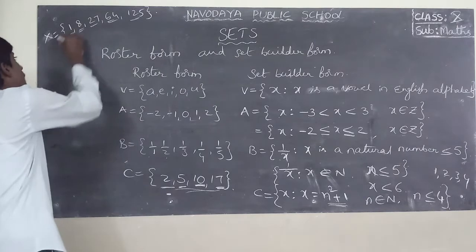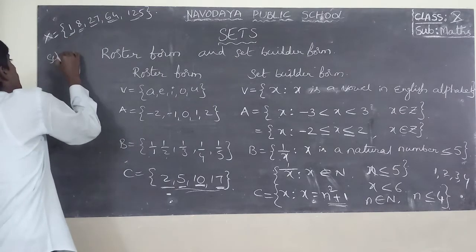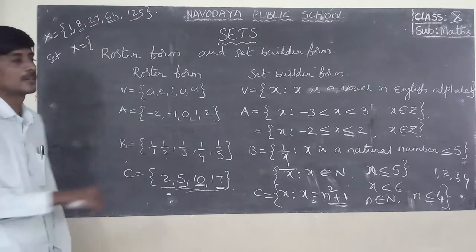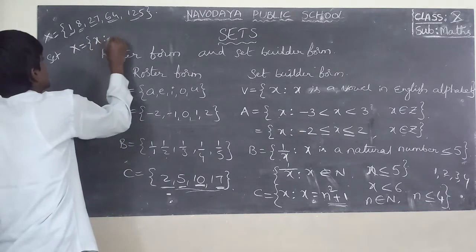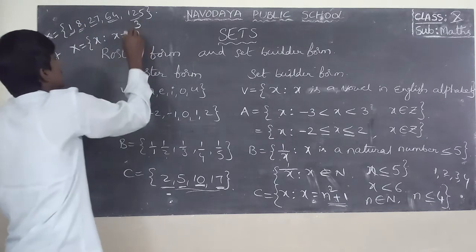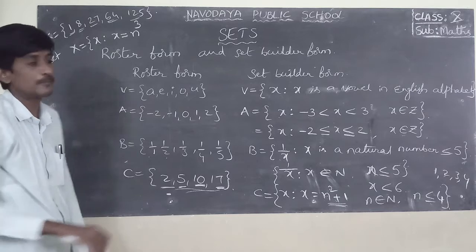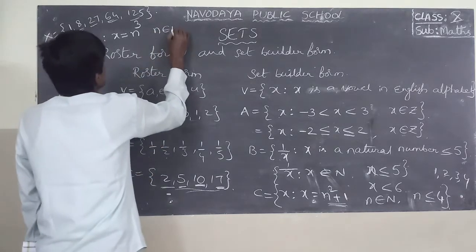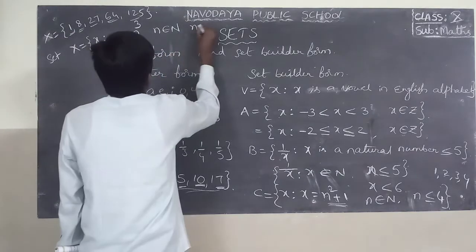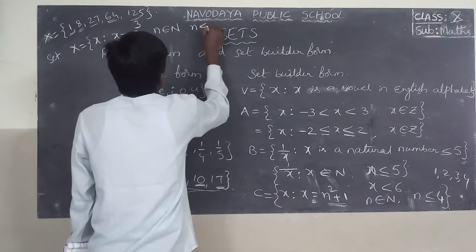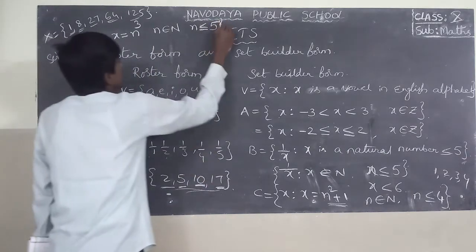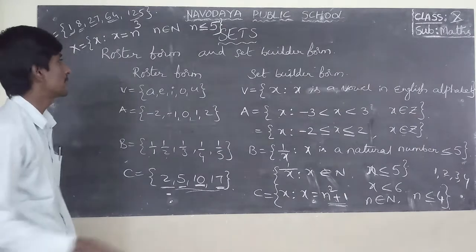So the set builder form: x such that x equals n cube, n belongs to N, n is a natural number and n is less than or equal to 5.